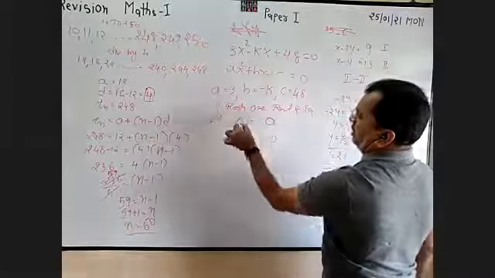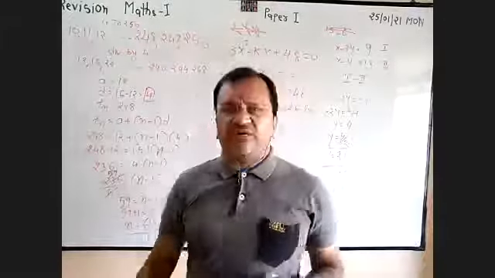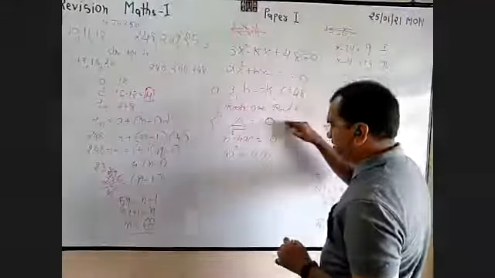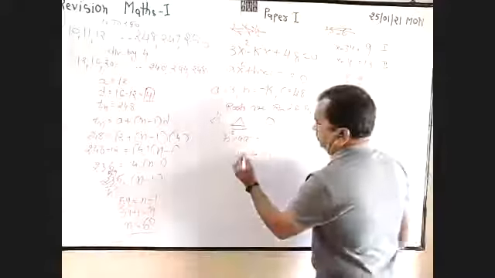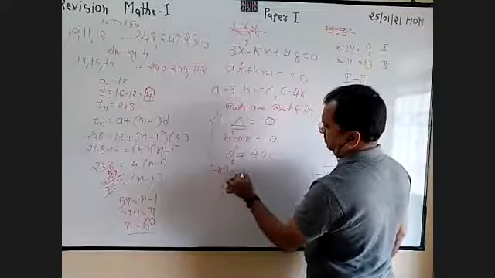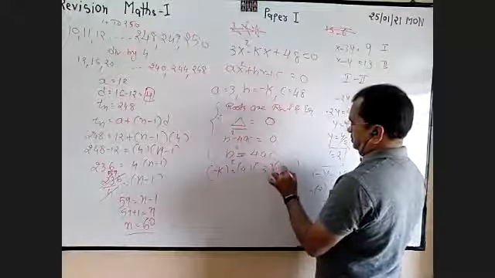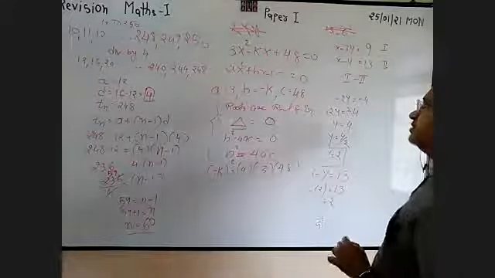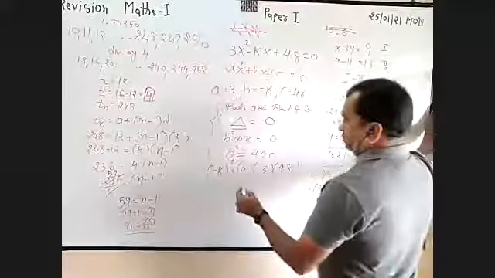When it is given real and equal, delta, the discriminant, is 0, so you do not need to write irrelevant steps. B square minus 4ac is equal to 0. Now minus comes to this side, so it becomes plus. So b square, minus k square, is equal to 4ac.